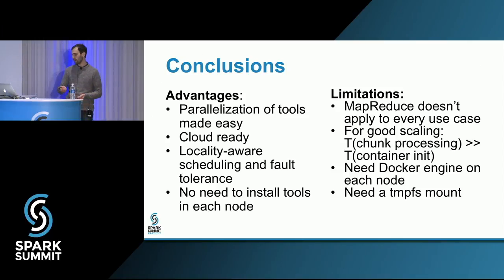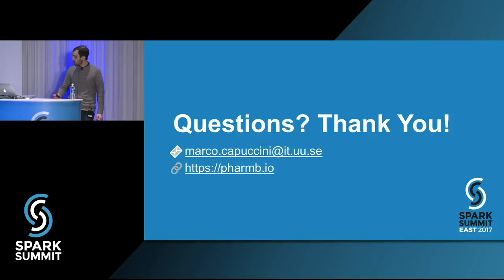So you need Docker engine on each node of your Spark cluster, and you need a tempfs mount to keep the data in memory. So we have a lot of time for a Q&A, but if you have any criticism, please bring it up, because this is nothing more than a proof of concept now, and I want to improve this, so please, don't be shy.